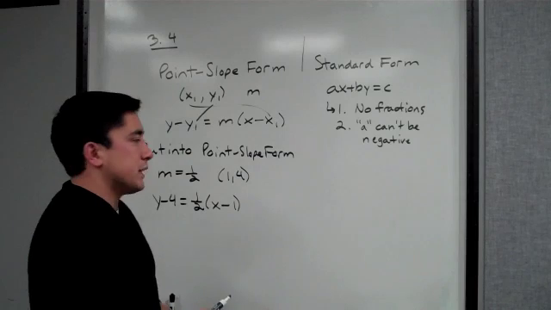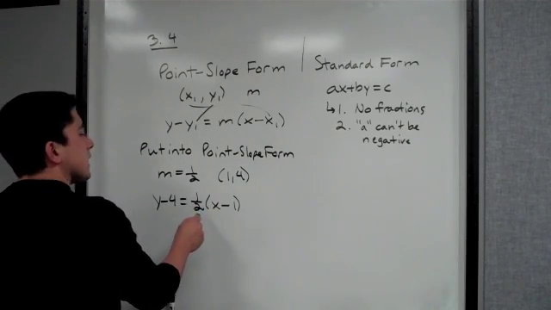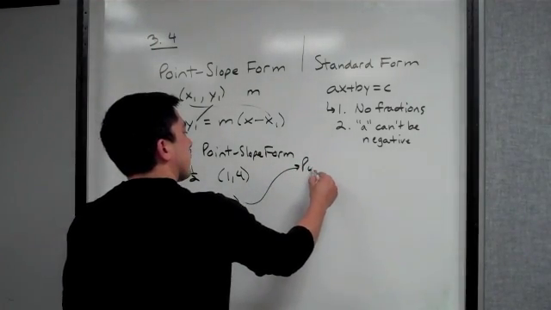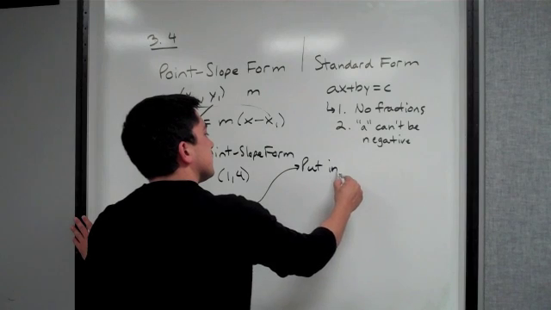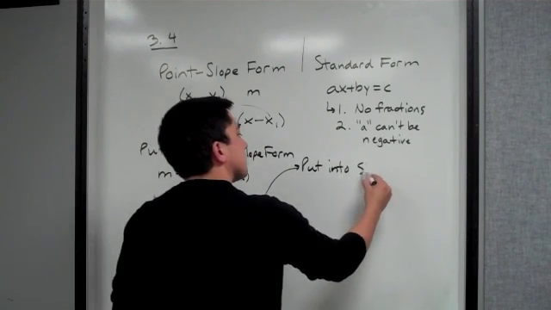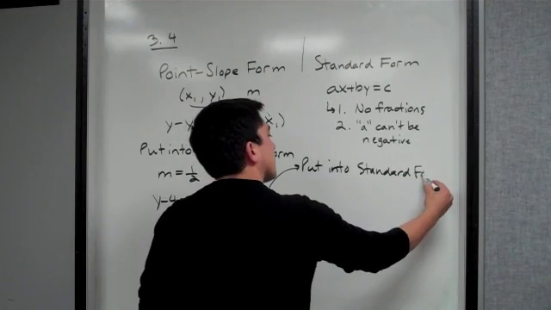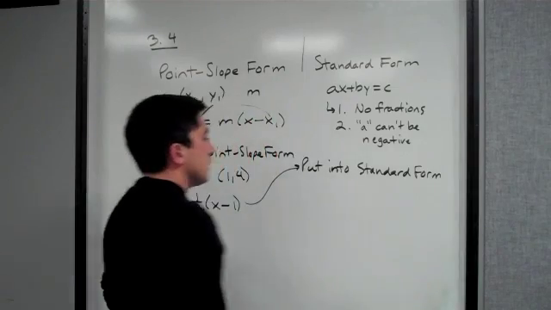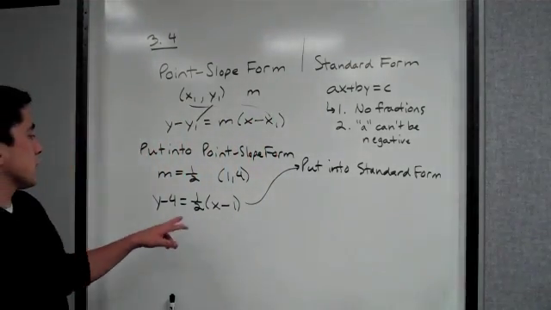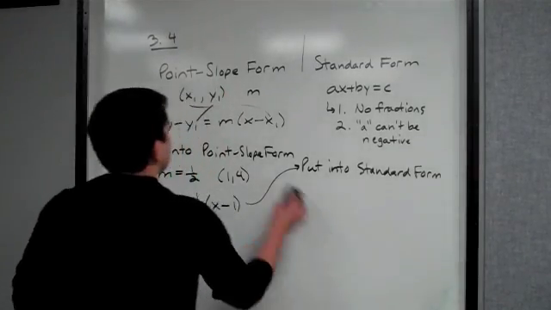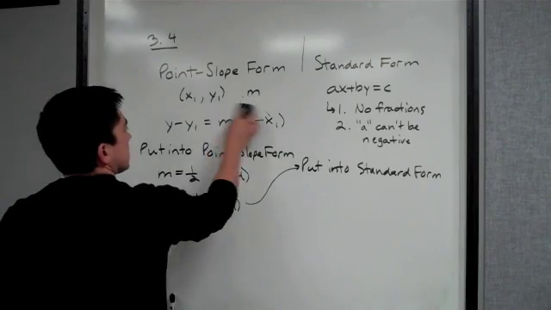Now, the next problem we did is let's take this, okay, and we're going to put this into standard form. Well, notice the difference with point slope. Let me erase some of this stuff so it's not so distracting here.